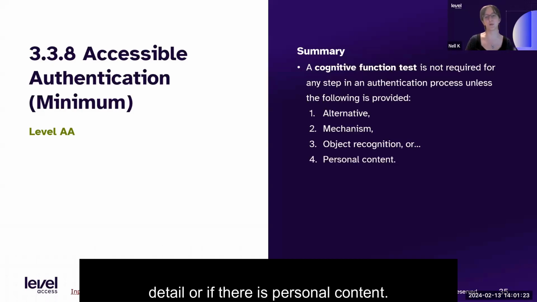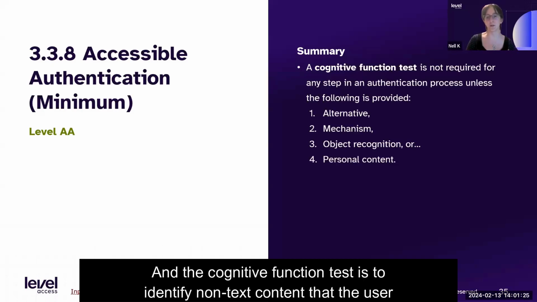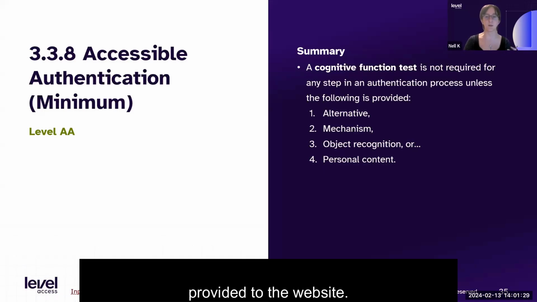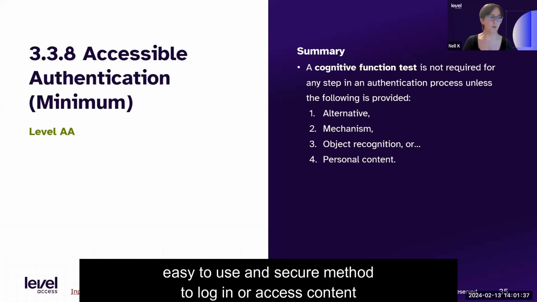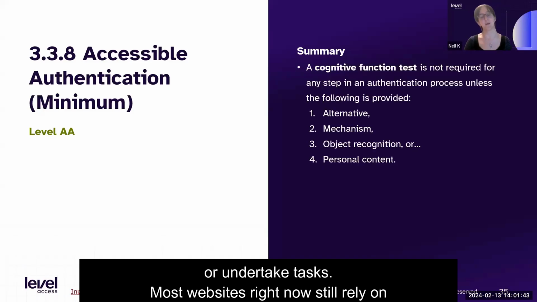Or if there is personal content and the cognitive function test is to identify non-text content that the user provided to the website. So what this success criterion is attempting to do is to ensure that there is an accessible, easy to use, and secure method to log in or access content or undertake tasks.